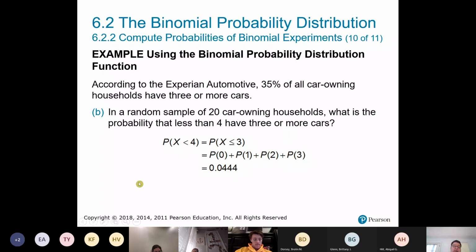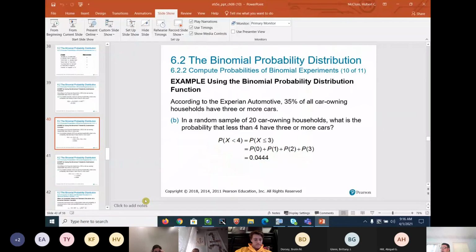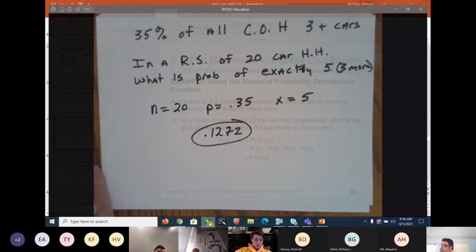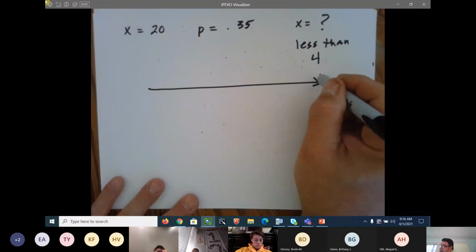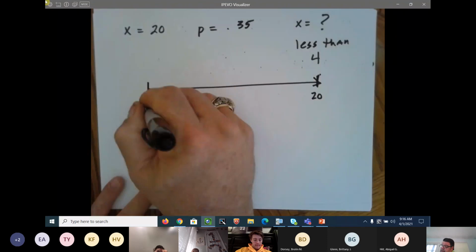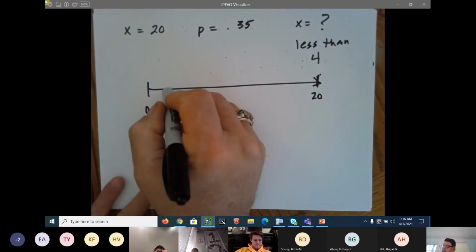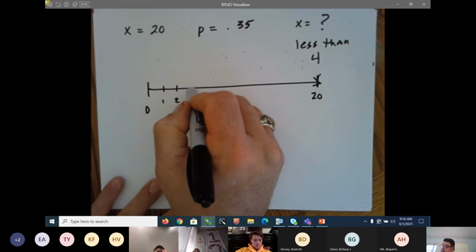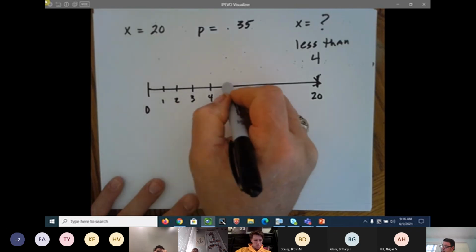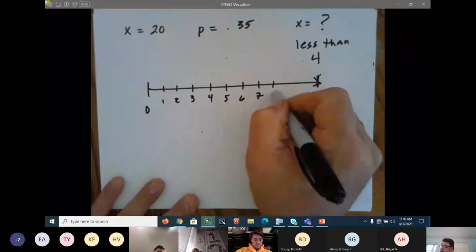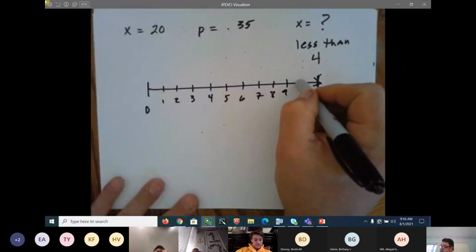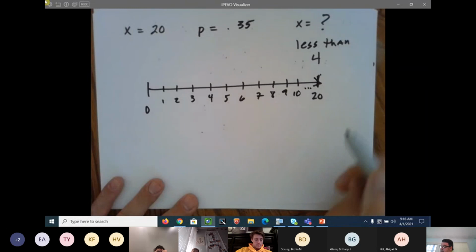Okay, so I'm going to take my handy dandy whiteboard, and we're going to draw a number line. Well, I don't have to do positive infinity because this is 20 and this is 0. 1, 2, 3, 4, 5, 6, 7, 8, 9, 10, all the way up to 20.